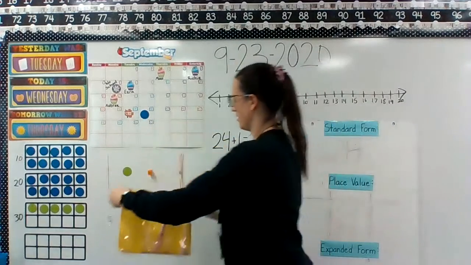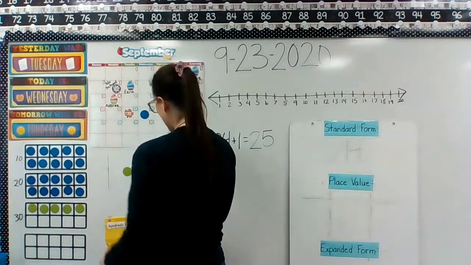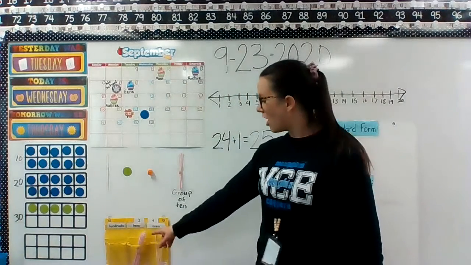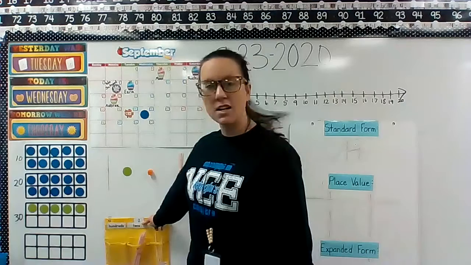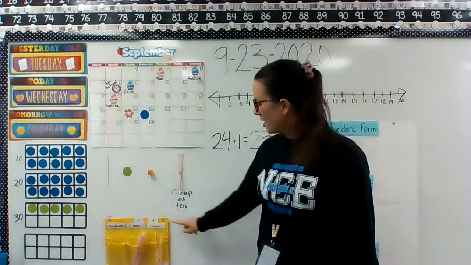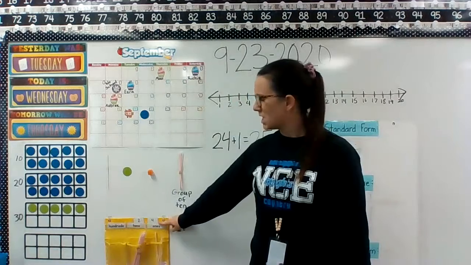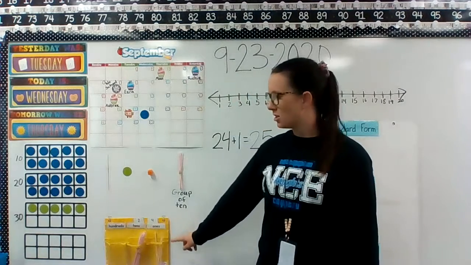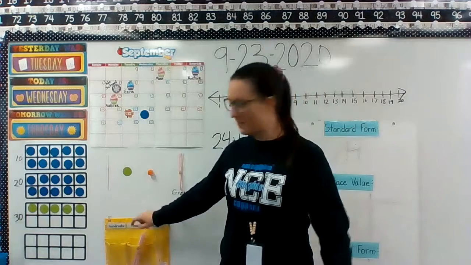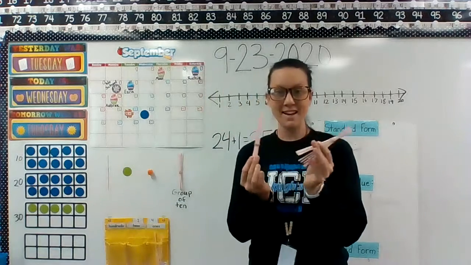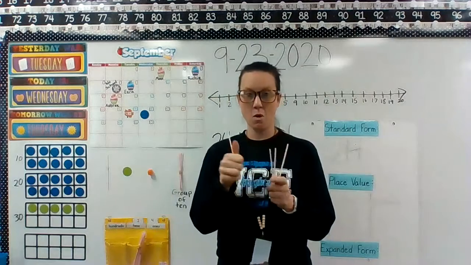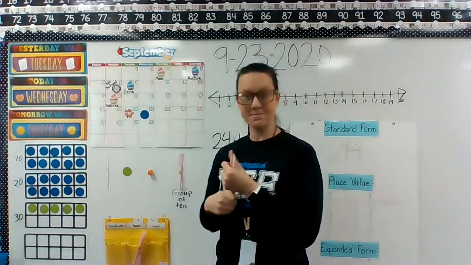So when I look at my place value chart, the last time we did it was yesterday, and we know that the digit 2 for the number 24 is in the tens place, and we know that the 4 is in the ones place. So that means that there must be 2 groups of 10, correct, and there must be 4 ones. 1, 2, 3, 4. That's correct.